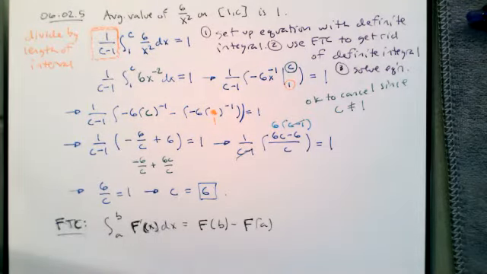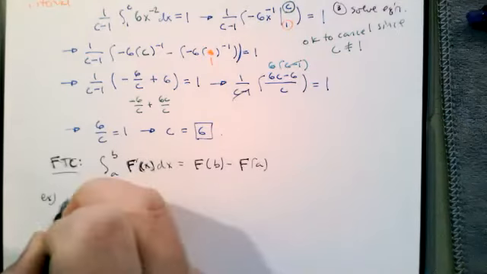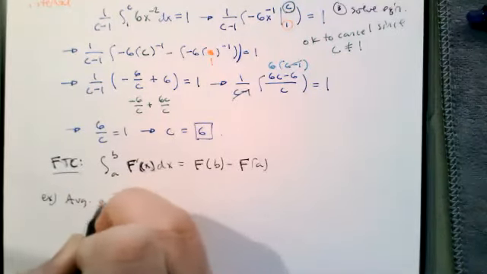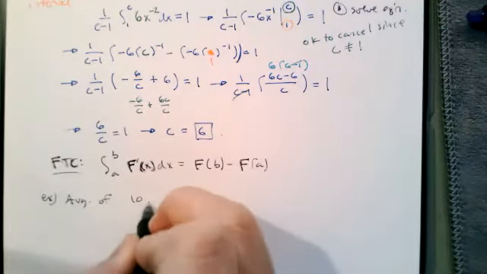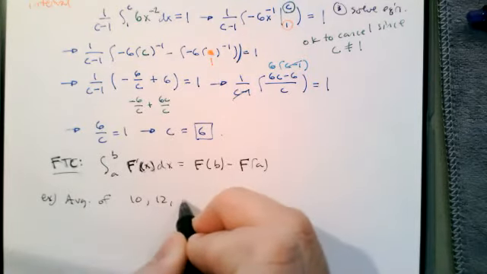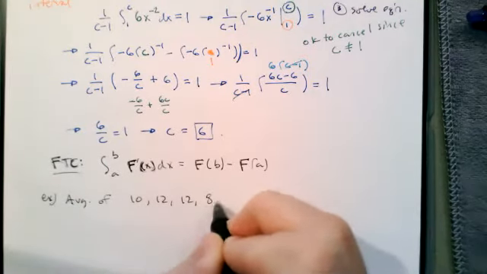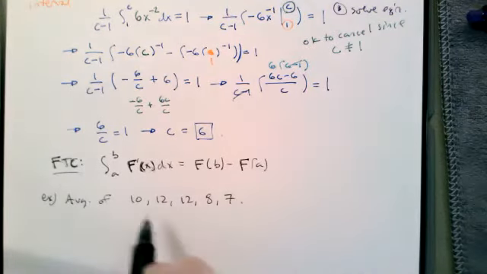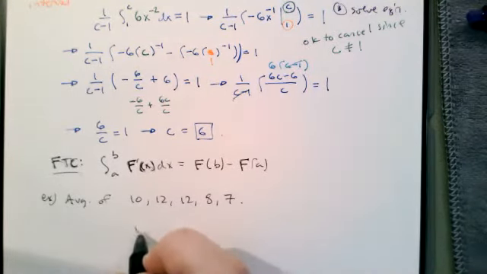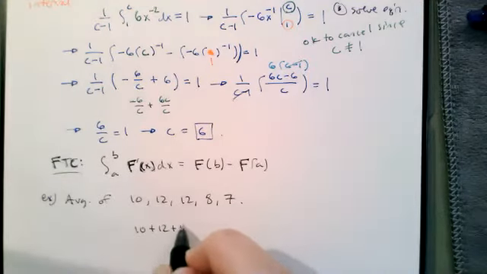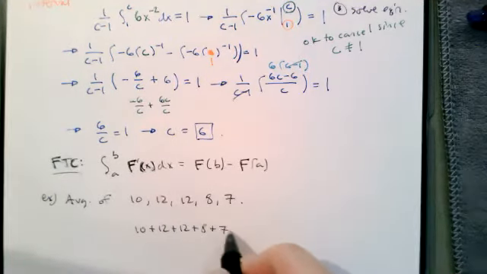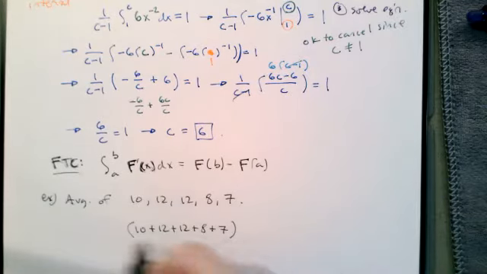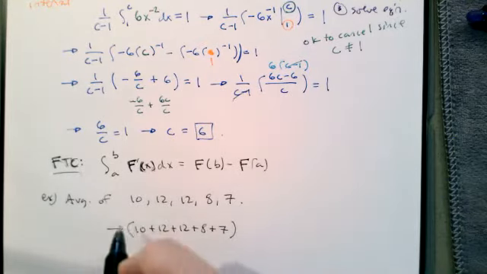So if we wanted to find an average, if we have a discrete list of things and we want to find the average of, let's say, 10, 12, 12, 8, and 7, we would add up all those things, 10, 12, 12, 8, and 7, and then we would divide by the number of things that are there.